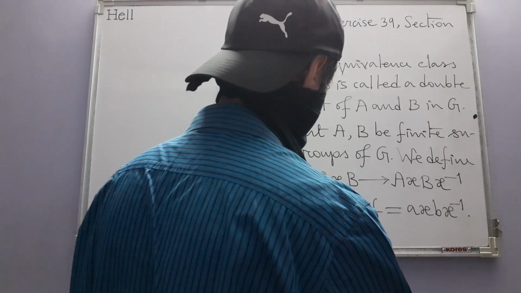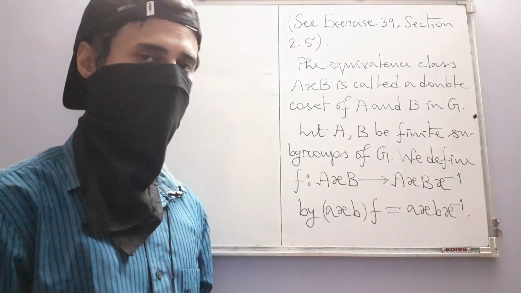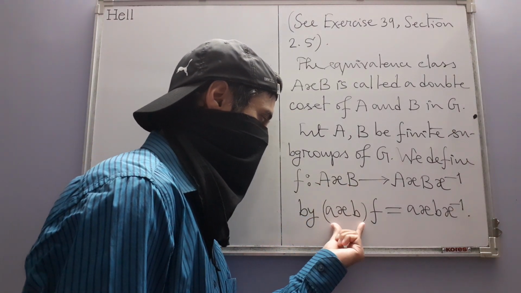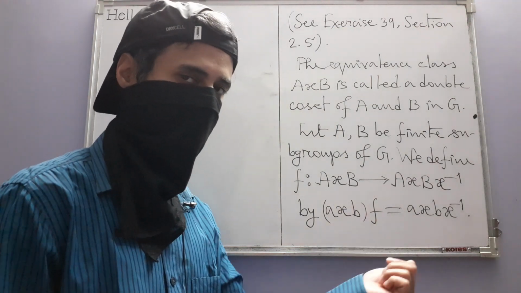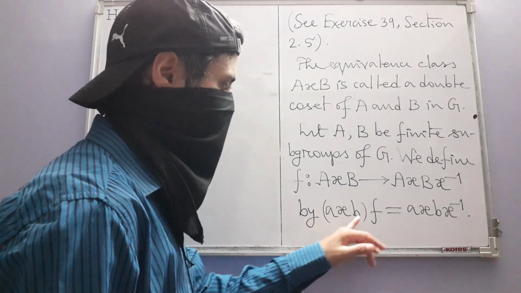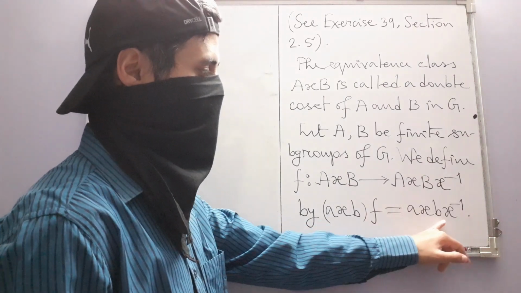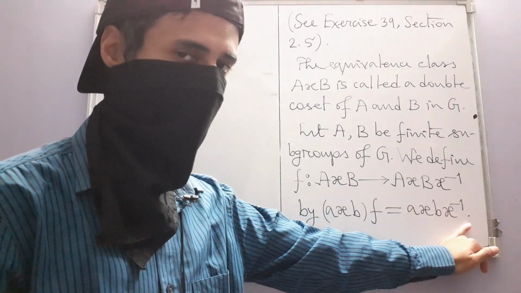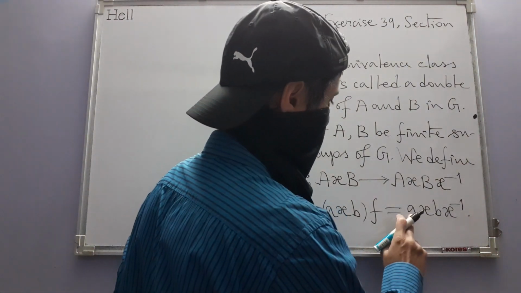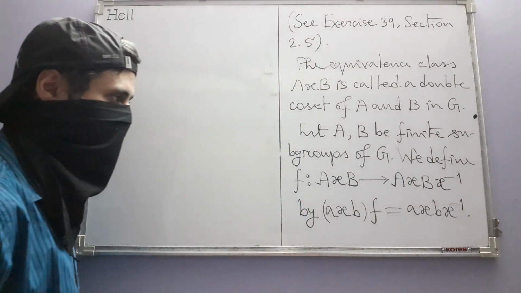So what is the function doing? Any element of the domain is going to look like this, of course, AXB, because that is the definition of capital AXB. Now what F does to AXB is that it just multiplies AXB from the right side by the inverse of x. And that of course is going to be an element in A X B X inverse.